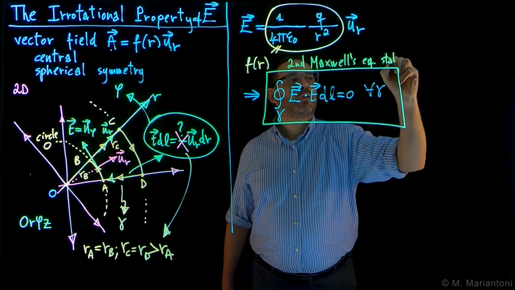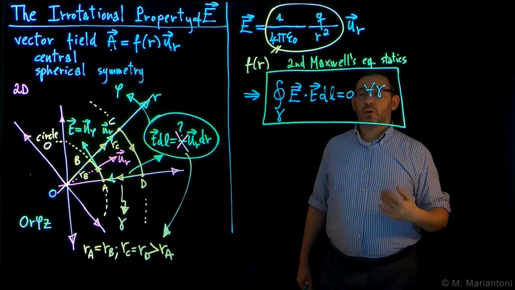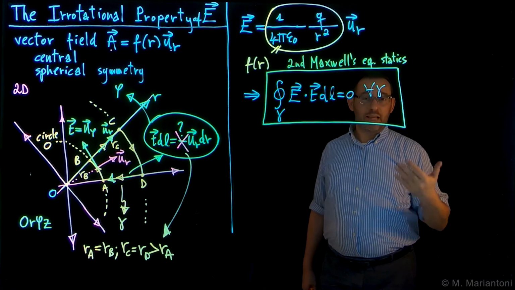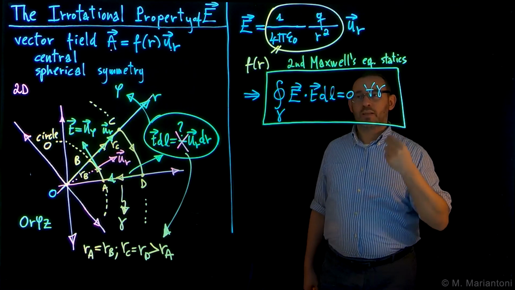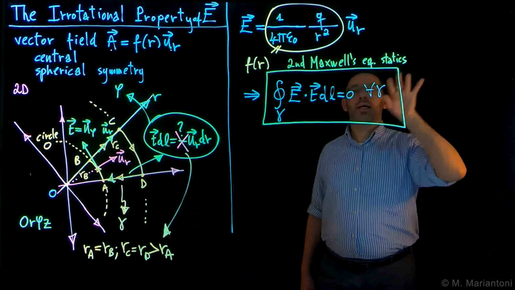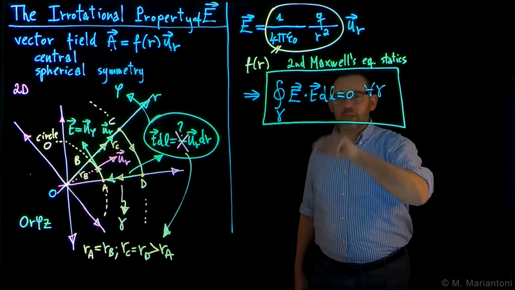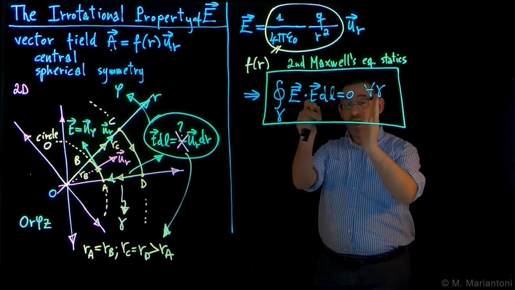So this is quite amazing. In a couple of videos, we were already able to prove and write down two fundamental laws of electromagnetism, which are the first two Maxwell's equations for the electrostatic field. The first was Gauss's theorem, and the second is the irrotational property of the electrostatic field, right there.